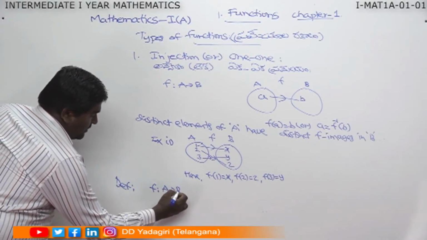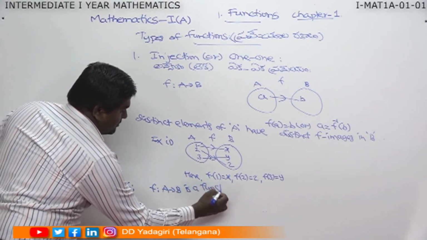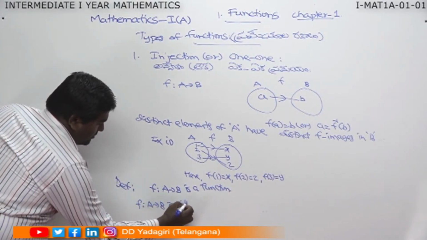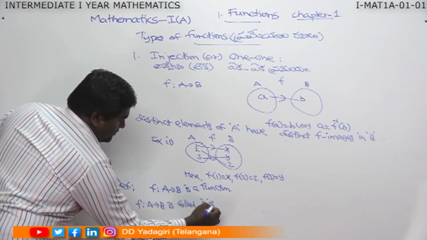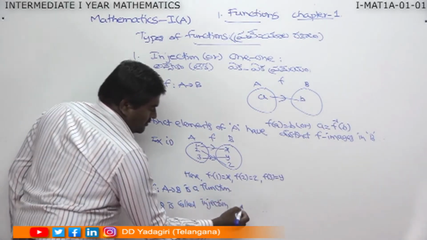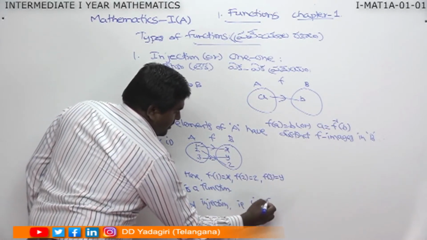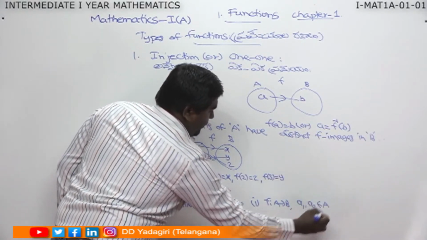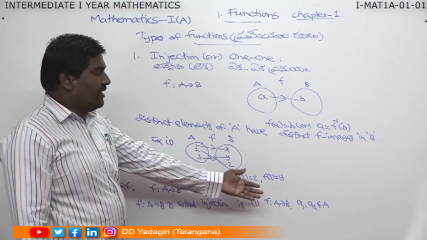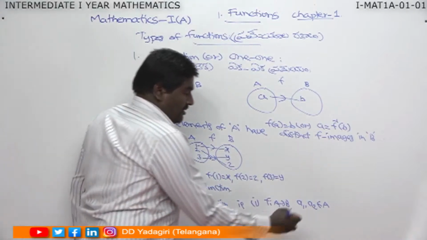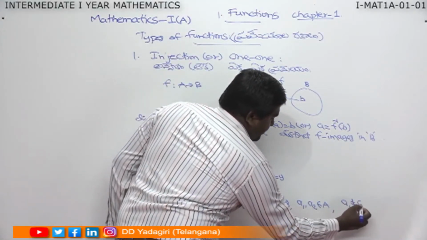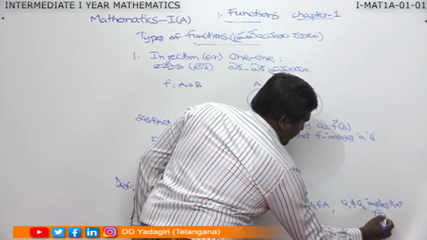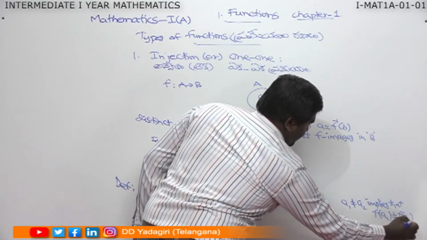Definition: f maps A to B is a function. f maps A to B is called an injection, that is, f maps A to B. Take two elements a1, a2 in the domain of f, that is the set A. a1, a2, any two elements in set A. a1 is not equal to a2 implies that f of a1 is not equal to f of a2.